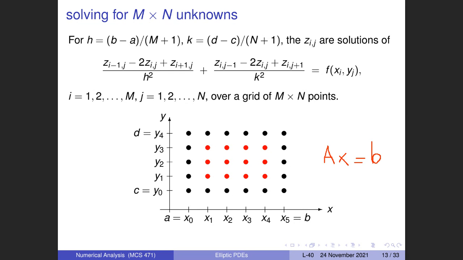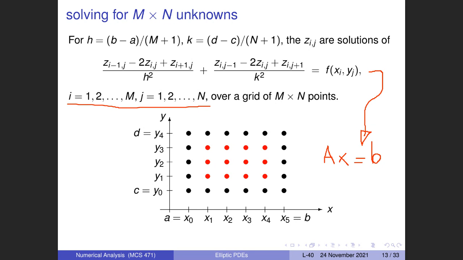The problem is how to reduce this single equation here, but there is a double index. Notice the i and the j, they are running over m and n. So we have to reduce this format, figure it out so that it fits within the context of a linear system solver.